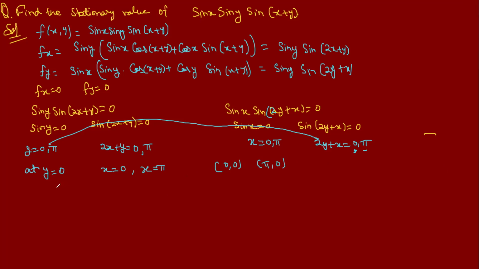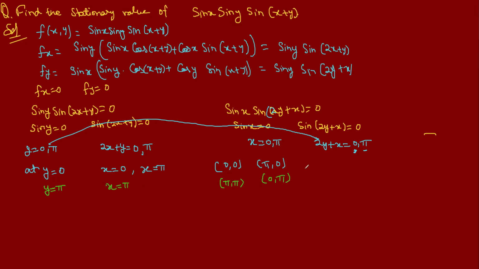When y is equal to pi, x will be pi also: (pi, pi) and (0, pi).